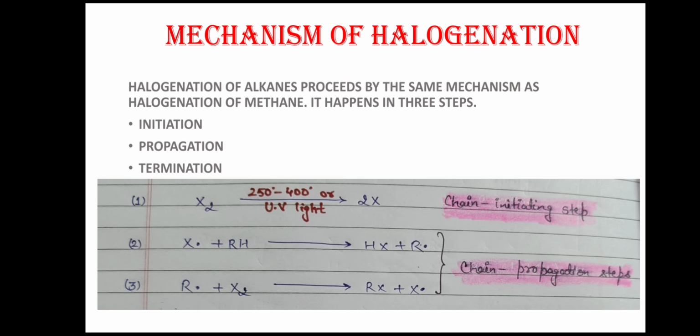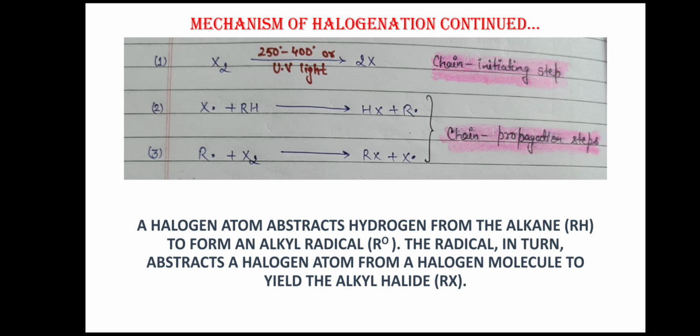When we react the X radical with the alkane, we get HX plus alkyl radical, and when the alkyl radical reacts with the halogen, we get RX plus halogen radical, and here we get the products.